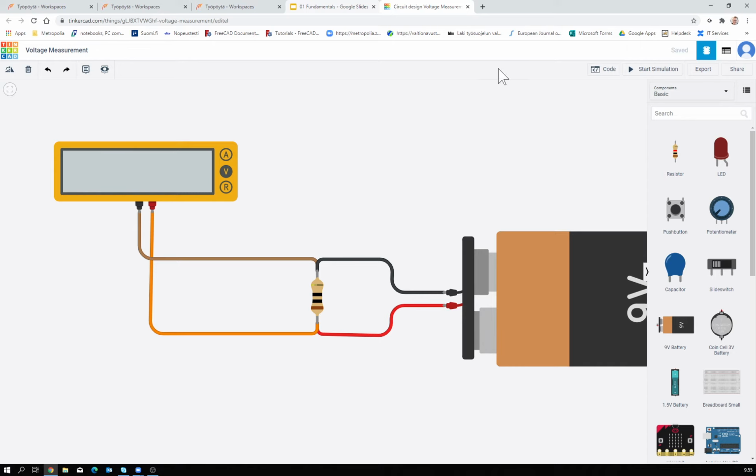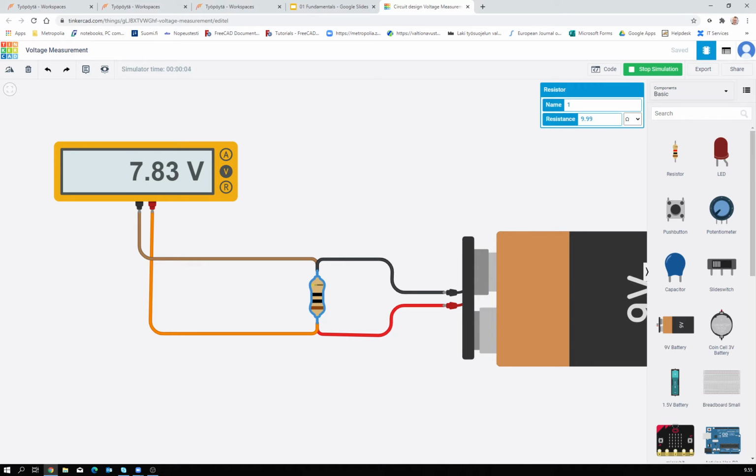So here you can start the simulation. A nice thing about starting a simulation is that you can, in principle, change the values here. For example, 9.99 kilo ohms or ohms. It makes a difference because of the internal resistance of that battery.